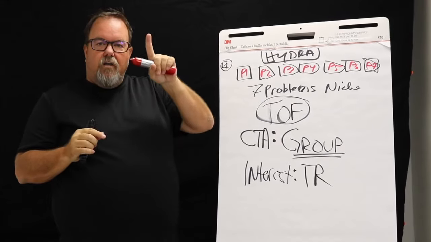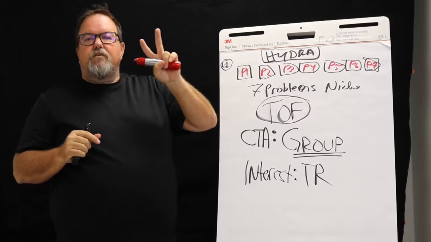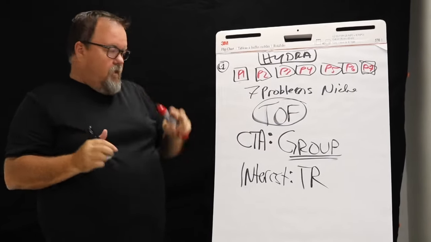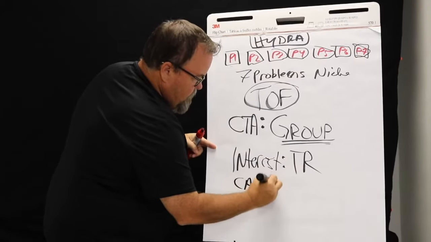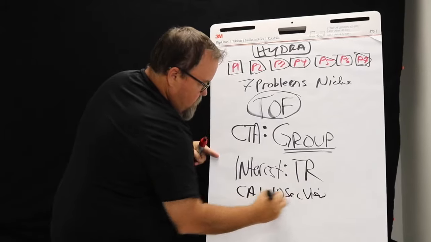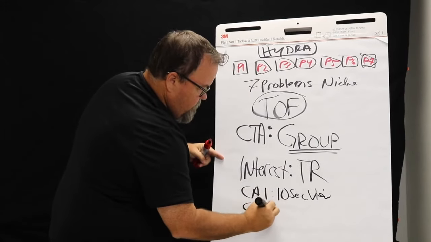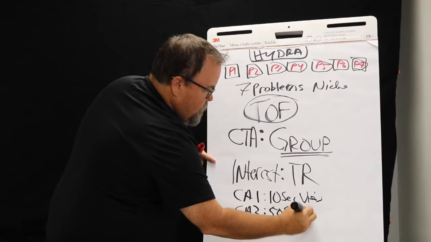Custom audience 1 is a 10-second view. Custom audience 2 is a 50% video view.